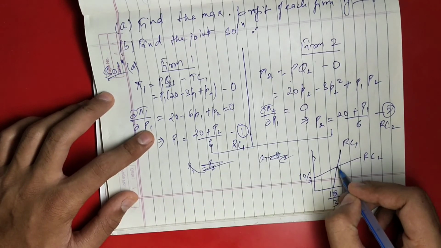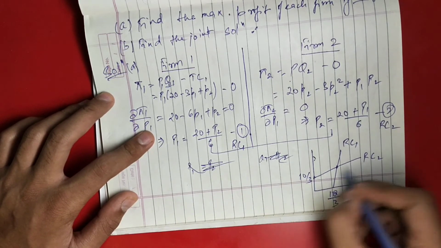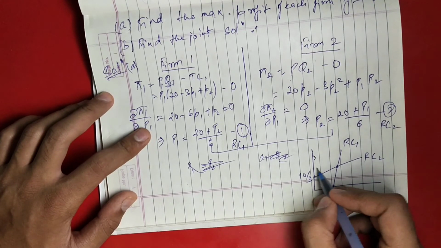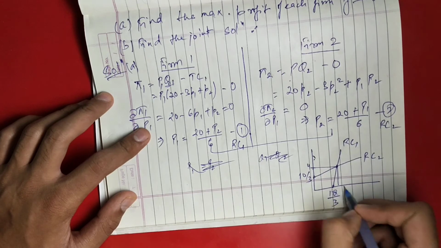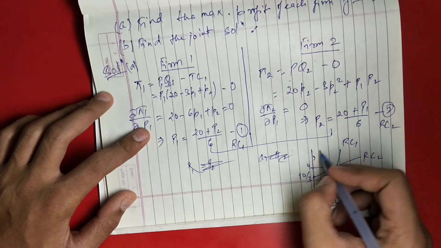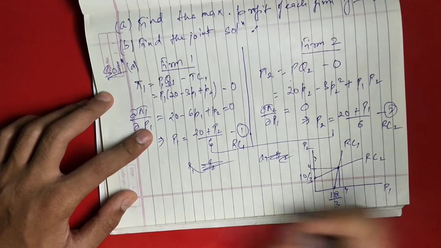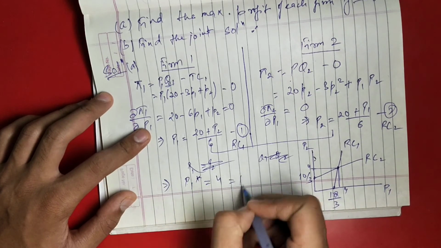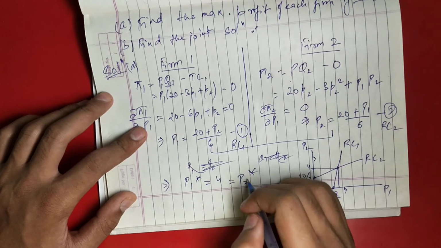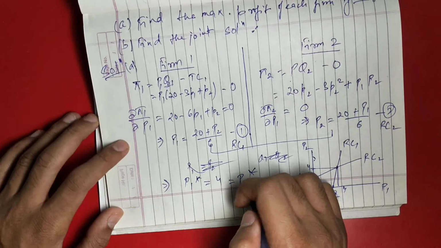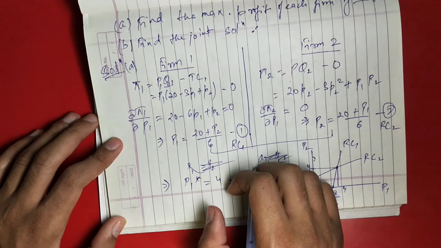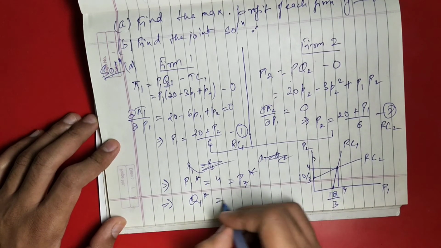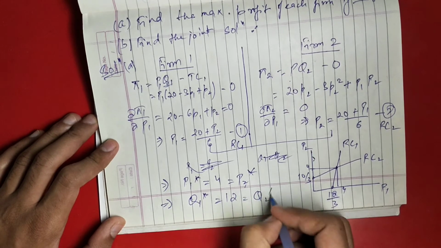So they pass through this point. We have these 2 points, join them, then these 2 points, join them. That's how we get the reaction curves, and their intersection gives the price. This is P2 and this is P1. This implies P1 star is equal to 4, equal to P2 star. If you keep this value in the respective demand function, you will get Q1 star is equal to 12, equal to Q2 star.